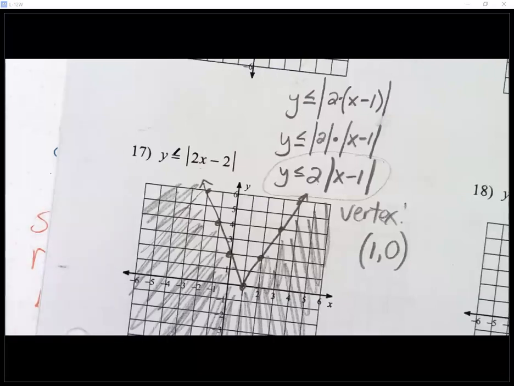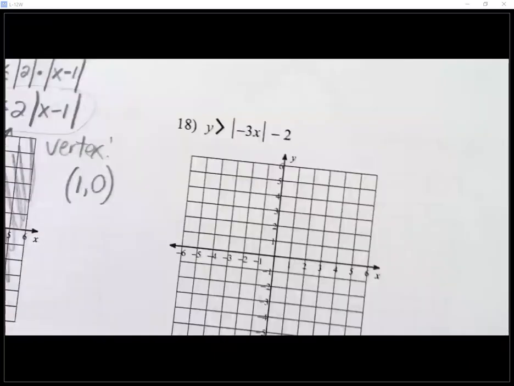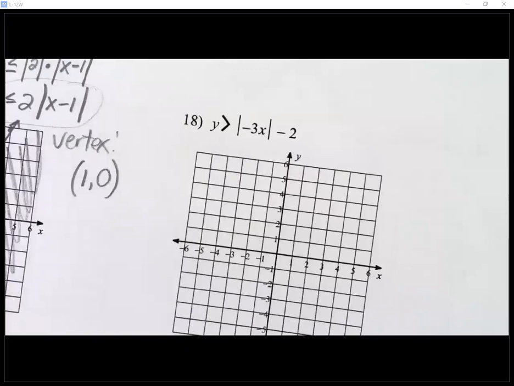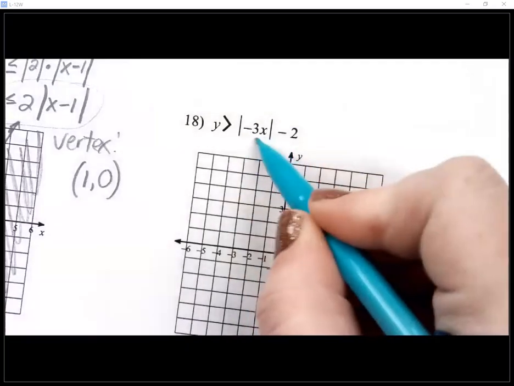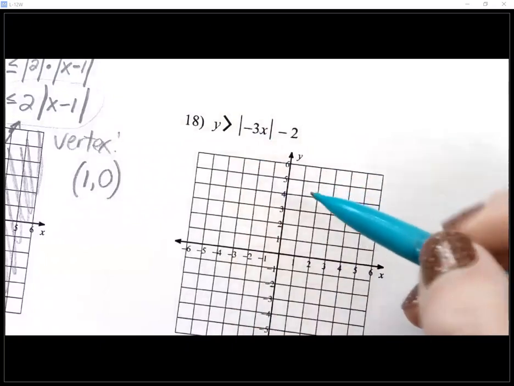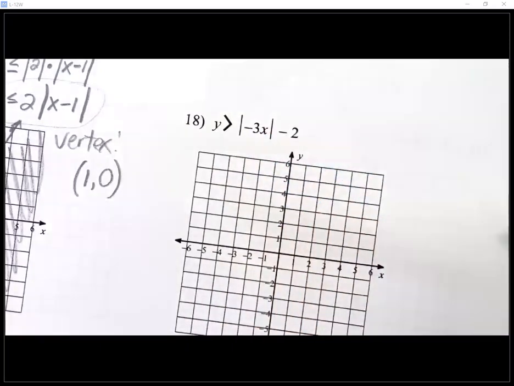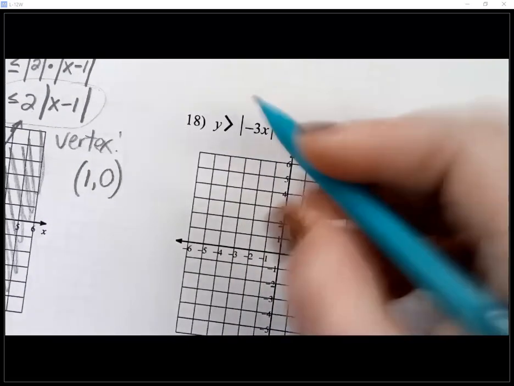So let's shimmy over to 18 real quick. This one's a little bit different because I'm not factoring this out, but aren't I just doing -3 times x right there? We just mentioned that if it's multiplication, I can split them apart. So let me rewrite it here.